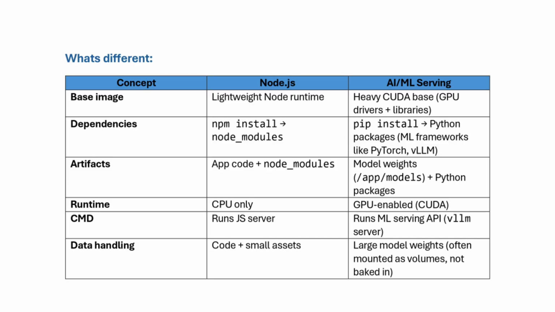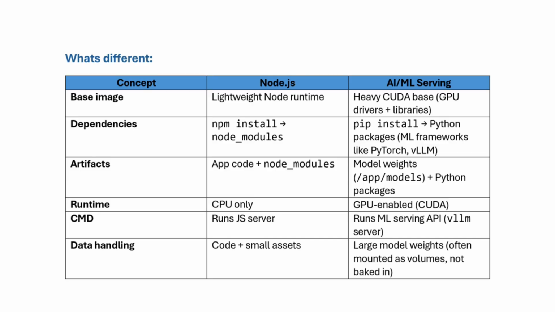So in AI or ML, the concept of dependencies, runtime, data handling, CMD, all are having different approach compared to all we have discussed. Here, it doesn't depend on the CPU, which most of the other languages or their Dockerfiles depended on. Whereas here, it depends on GPU drivers and its libraries, which is like the CUDA.